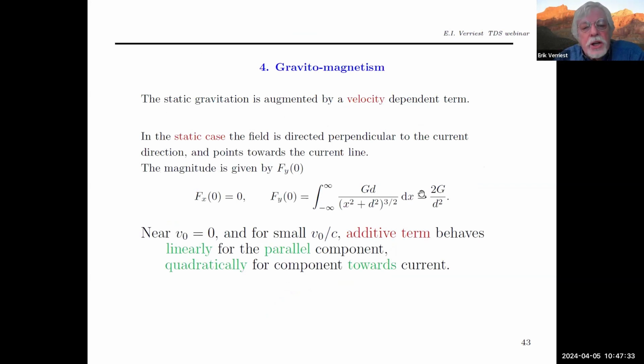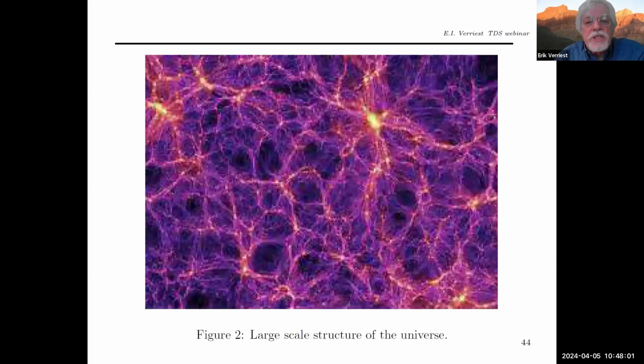And of course, that's the known Newtonian force, because if you're at a distance d away from that bar, then you will feel gravitational effects of that bar, and that will be second order in the distance. But the new thing that we see here is that there is also an additive term which is linear for the parallel component. And of course, it is 0 when the velocity is 0.